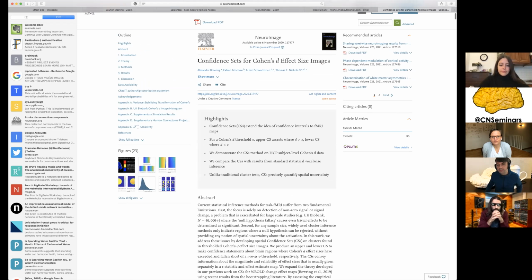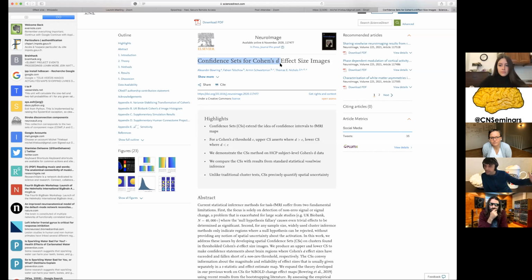So what they bring in there is bringing back the importance of calculating effect size when you're doing statistics, especially on large populations. But they also stress another problem, which is specific to fMRI and VBM sometimes, which is we're doing correction for multiple comparisons.